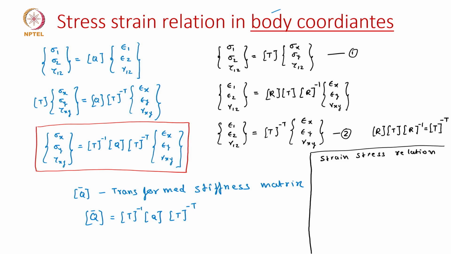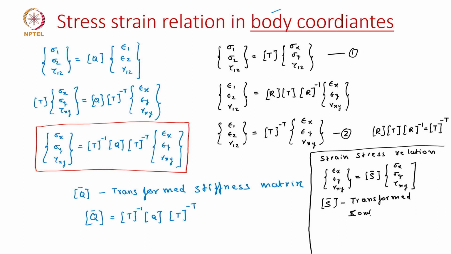For that, we simply invert this relation, or in other words we simply write strains epsilon x, epsilon y and gamma x y as the transformed compliance matrix, which we said we will represent as S dash, times the stresses sigma x, sigma y and tau x y, where S dash is the transformed compliance matrix.